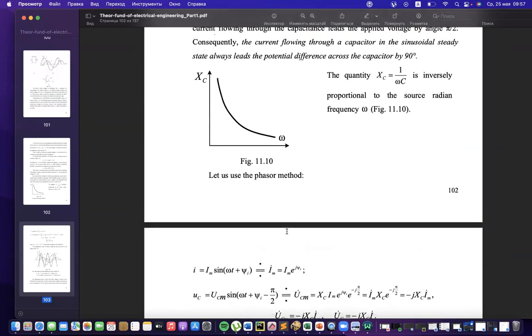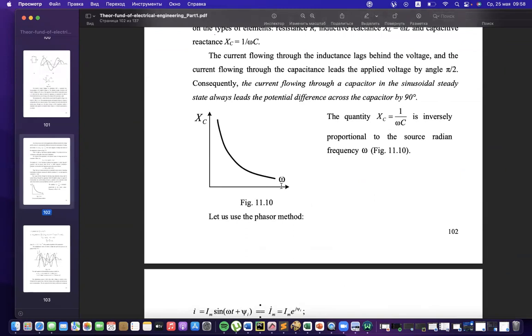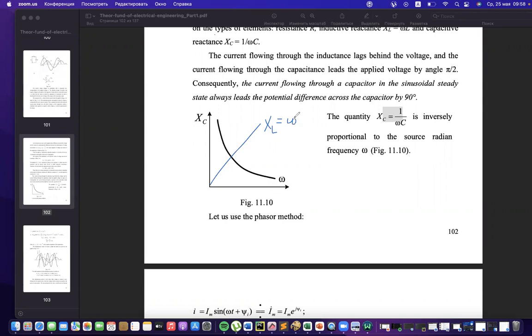Also, we discussed resistances, that for sinusoidal current in complex form, the resistance of the capacitor graphically depends on frequency, 1 over omega C, and for the coil, the graph will be a straight line because it equals just omega multiplied by L, the resistance of the coil.